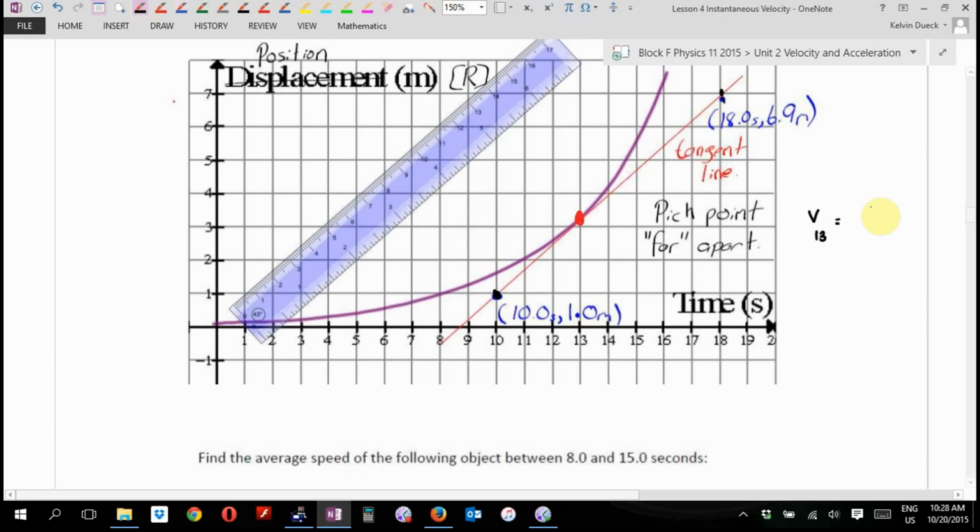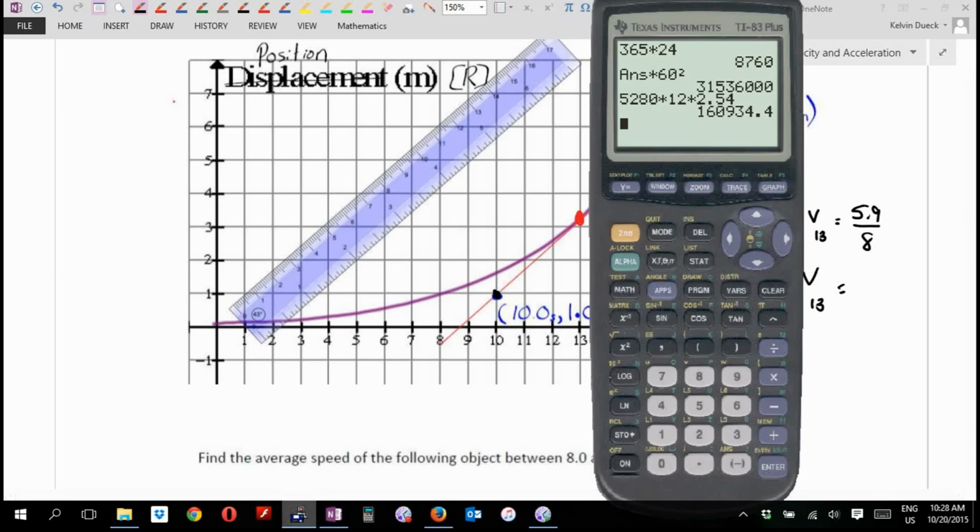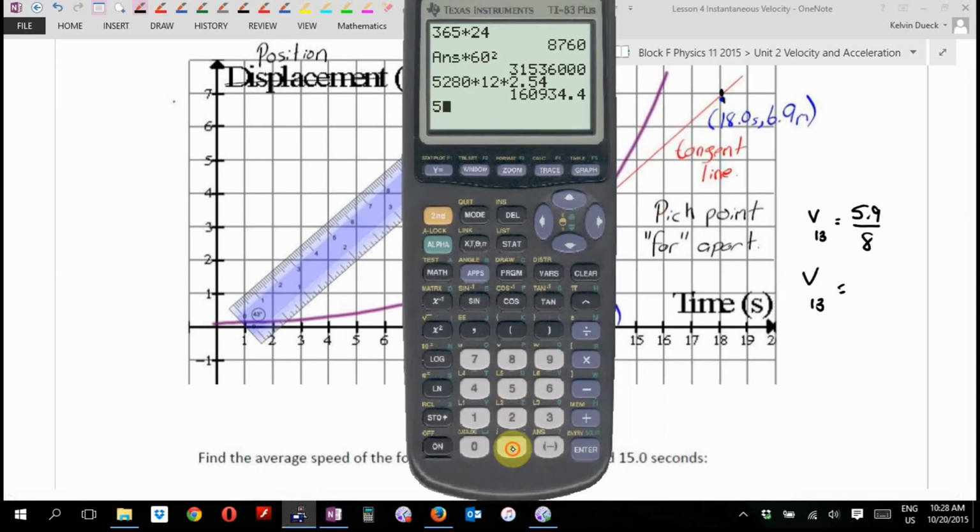Yes? You guys okay with how we're getting that? Right? Just subtraction. What's the run? 18 seconds, 10 seconds. And then I would change it to a decimal. What is 5.9 over 8? And I usually go to 2 or 3 sig figs. 0.74 meters per second.